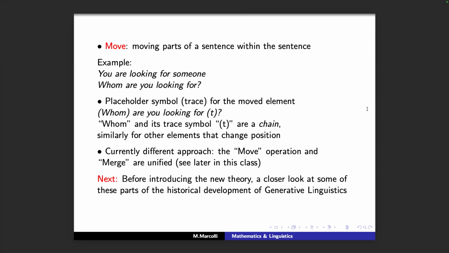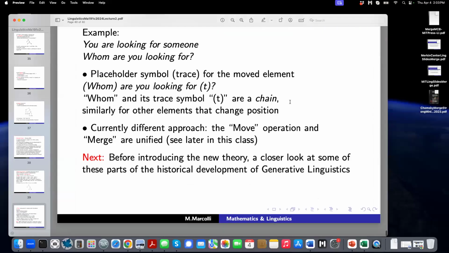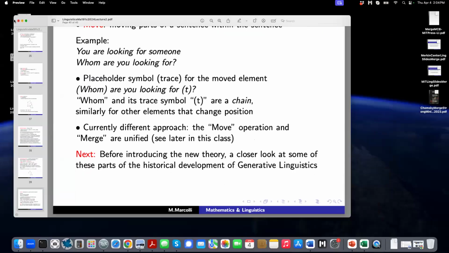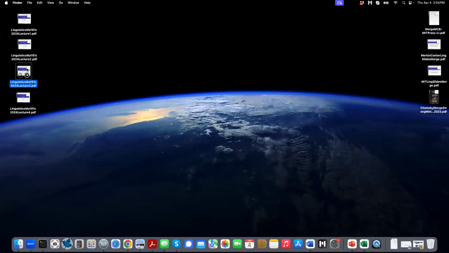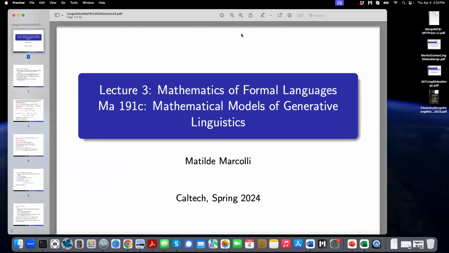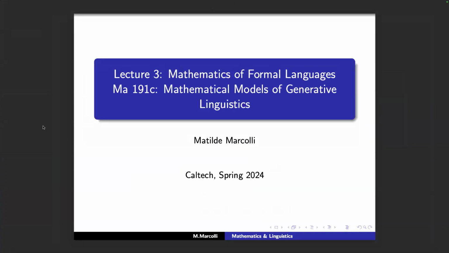So let me switch to that set of slides. Before I move on to other, more modern approaches to formulating generative linguistics, because this is a math class after all, I do want to tell you more about the mathematics of formal languages.